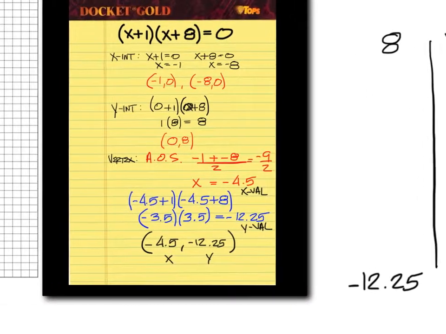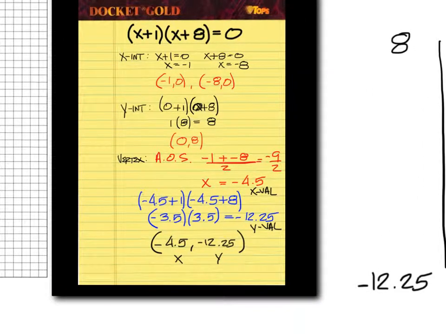Look at the x values. What is the highest x value on here? What is it? I can't hear you. 0. Yep, it's going to be 0. So our highest is 0.